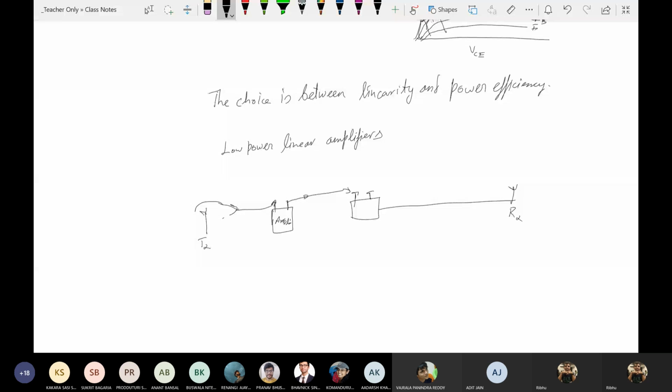But the problem is that, as we have discussed earlier, each amplifier adds its own noise.